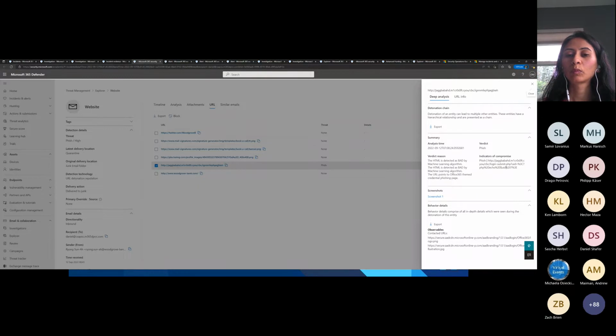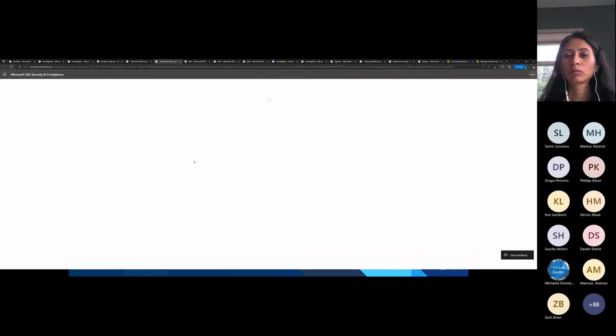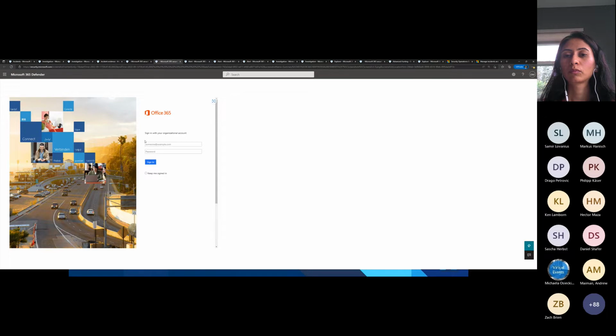We think this URL is phish because our machine learning analyzed, during detonation, what was at the end of the URL, and it looks like an Office 365 Teams credential harvest page. This includes the screenshots as well, if we were able to capture one, so you can have a look at what was happening when the URL was actually sandboxed and detonated. This is what was at the end of it.